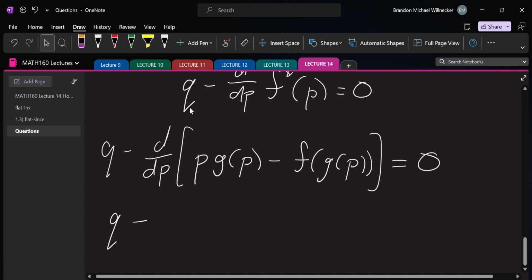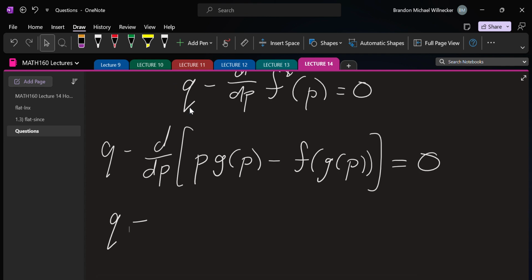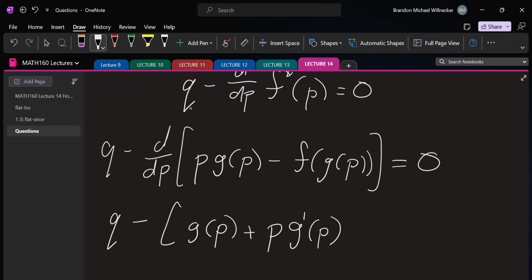Okay, let's do the derivative. So q minus, here we've got a product of two things, so we have to use the product rule. The derivative of the first thing is just 1, so we get g of p plus p g prime of p. Okay, everyone with me with that?